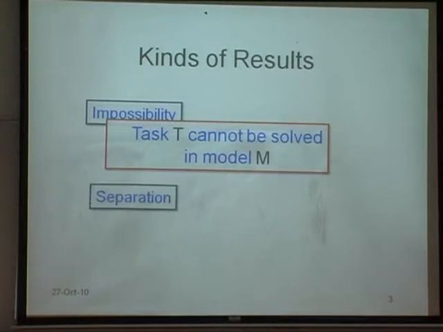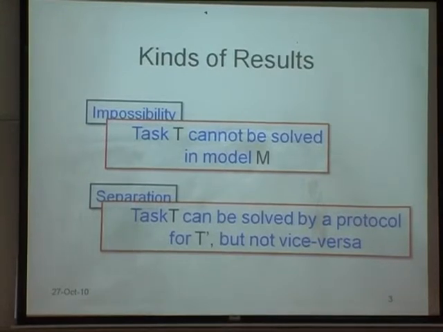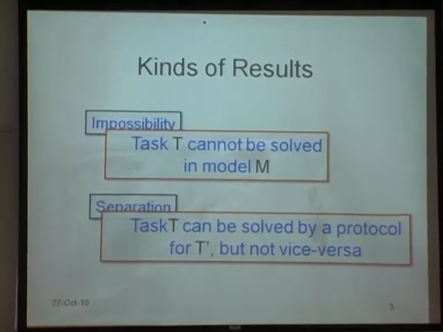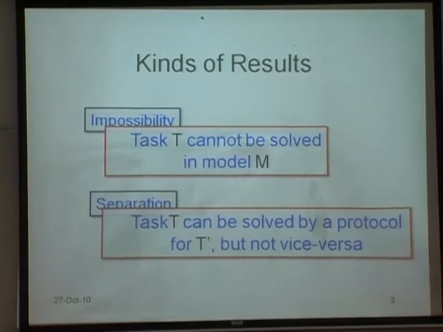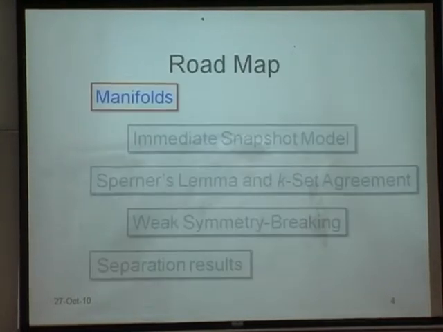I'm also going to do an example of a separation result, which says that some tasks are inherently harder than others, in the sense that I can solve a task T given that I can solve T prime, but not vice versa, at least in some models. And again, I'm going to try to do this in as model independent a way as possible.